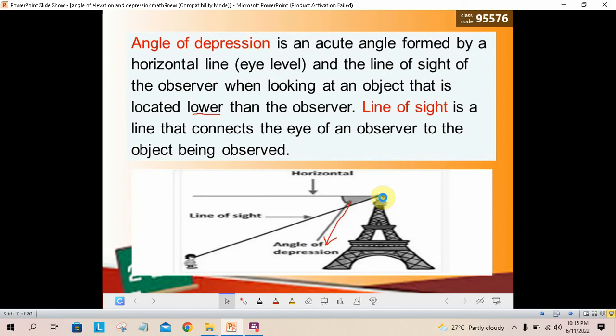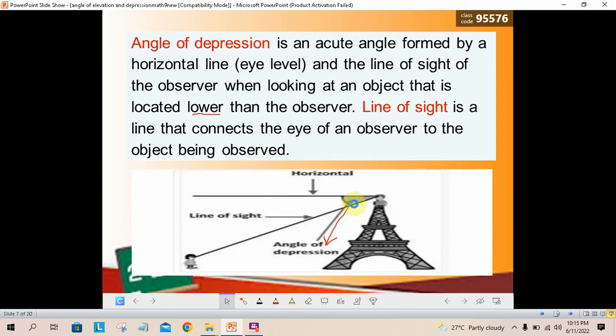So the observer will look down. And this is now the angle formed. The angle formed is angle of depression. Do not be confused of the observer here. It's different. We have only the observer here to focus. And this observer will look down.